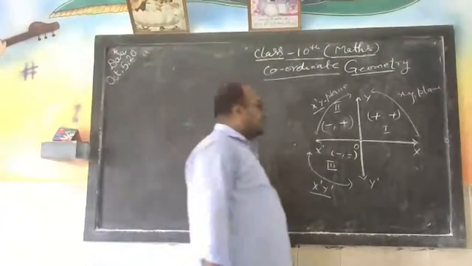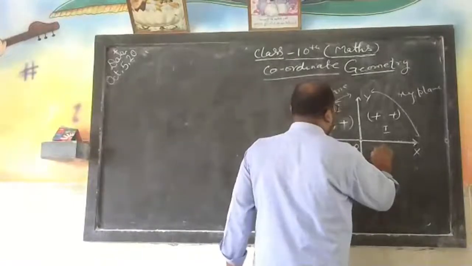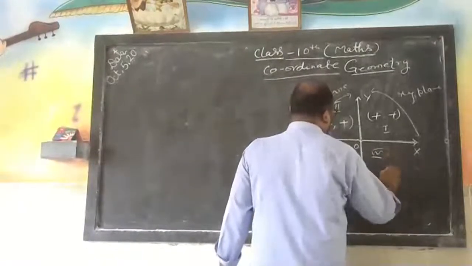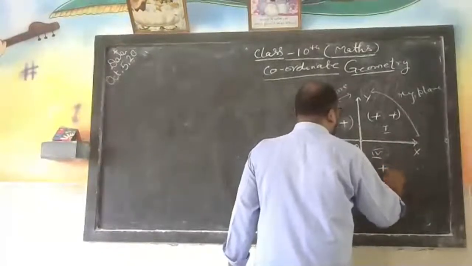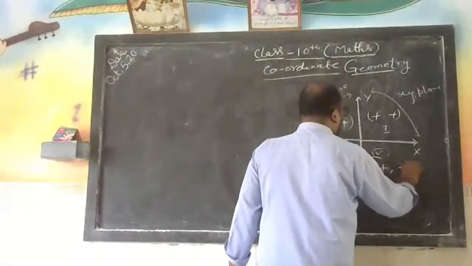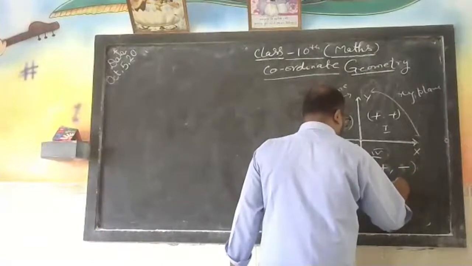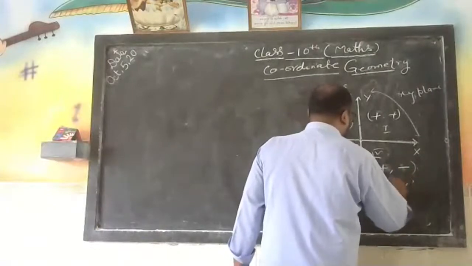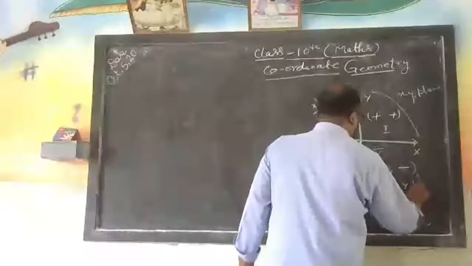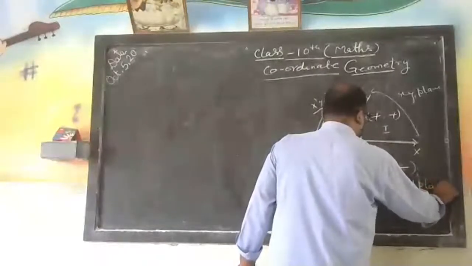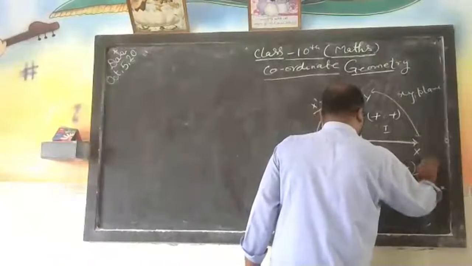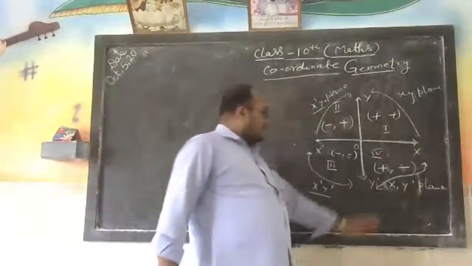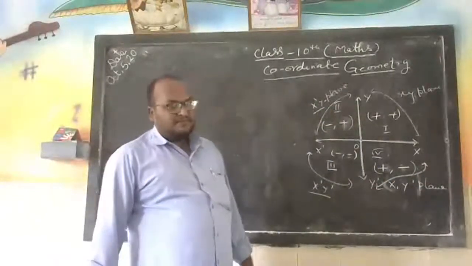All points are negative in this plane, so this is the third quadrant. And this is the fourth quadrant, in which x is positive and y is negative, so it is called the x y dash plane.